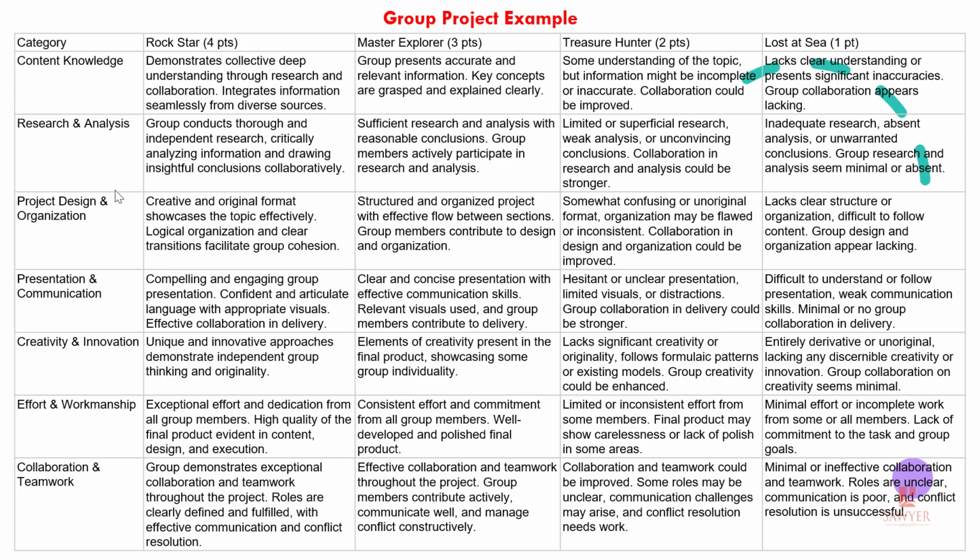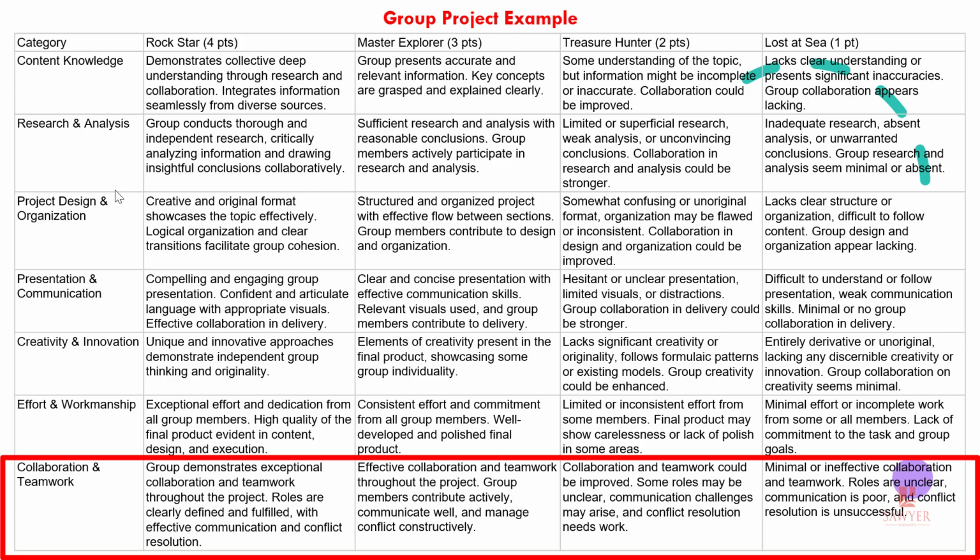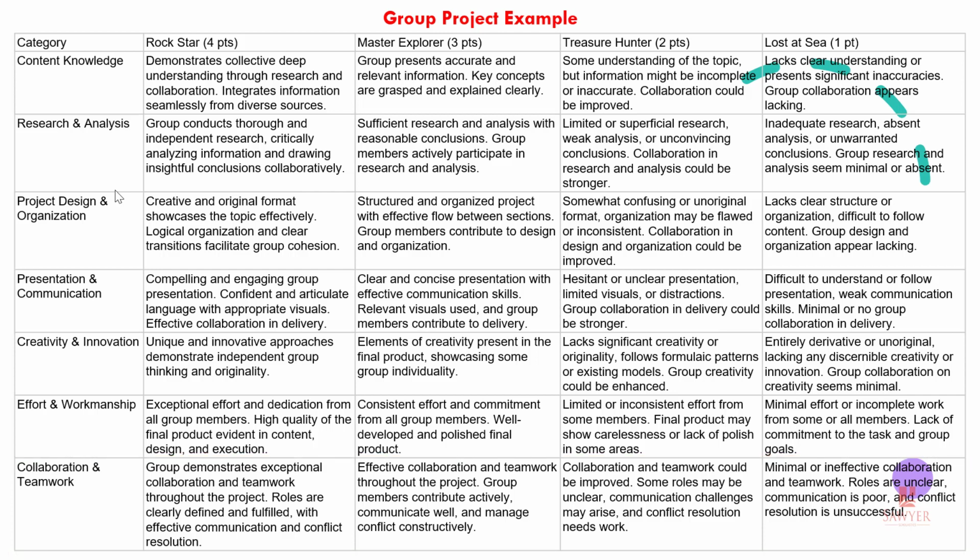And then there's other things, like down on the bottom, collaboration and teamwork is an addition. We added that part. But you could take out one of the other things if you wanted to, because now we have 7 criteria instead of just 6. So you just have to change the language a little bit, make sure it's for the group. And then you don't want to use the same rubrics for individual and group projects. You have to make them different.